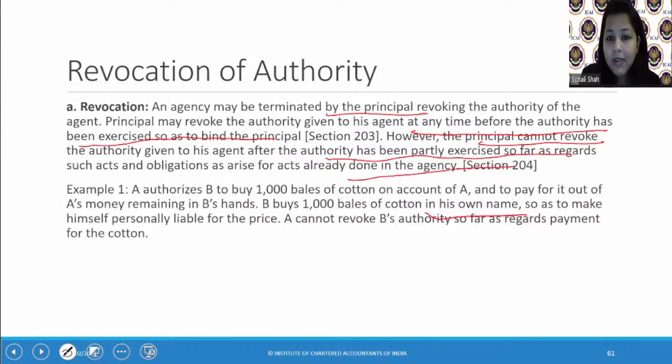So what has happened? He did not exercise agency; he is buying the goods in his own name. So here A cannot revoke B's authority so far as regards payment for the cotton. The agent has to act as per and under the authority, and has to be dealing on the account of the principal, for the authority to be revocable.